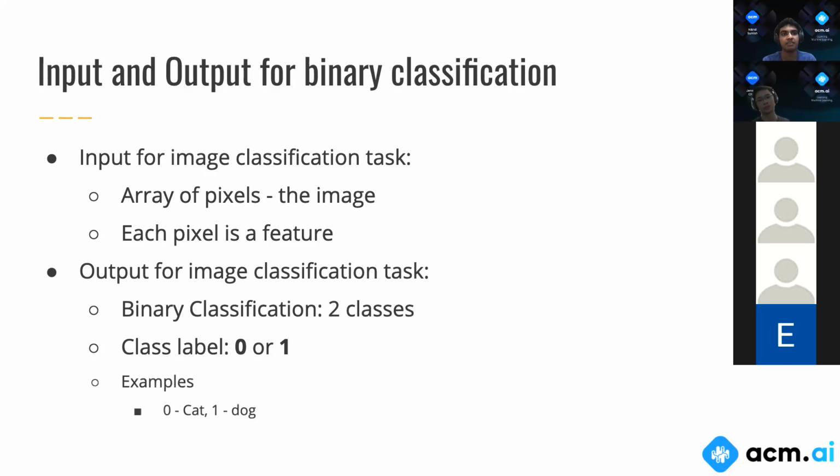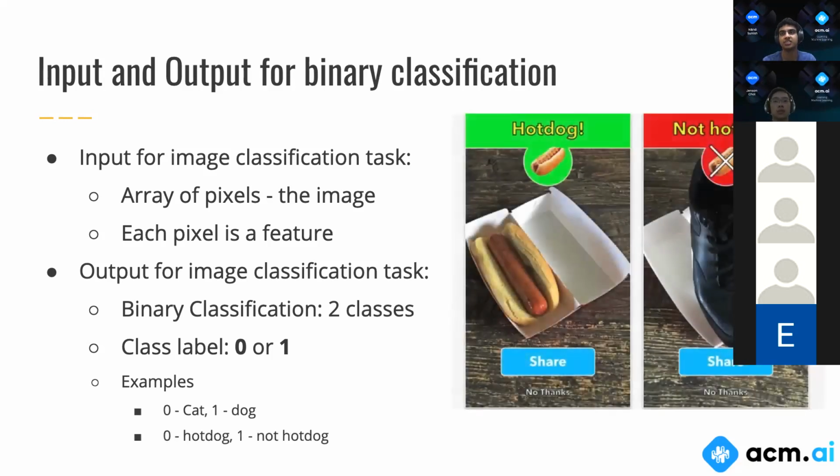For example, we might have 0 be cat and 1 be dog, or 0 be hot dog and 1 be not hot dog. Funny example. And hopefully in this case this would be a 0 on the left, and this should be a 1. And while our model, when we get to it, won't actually return an actual 0 or a 1, we can still figure out from our model's output if it's closer to 0 or closer to 1, which is the most important.